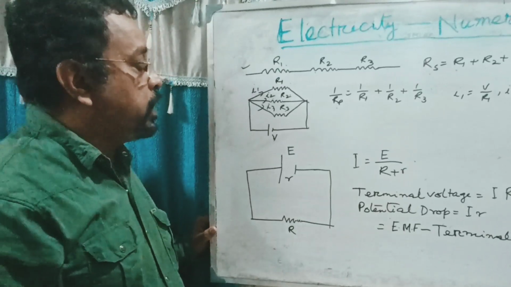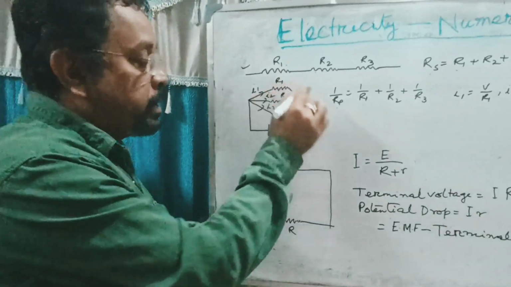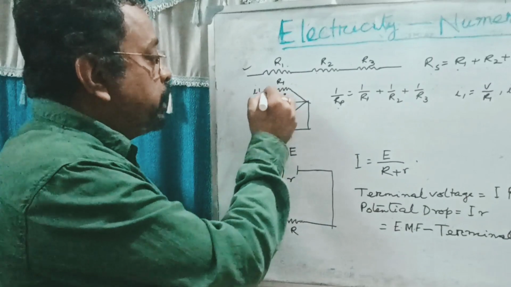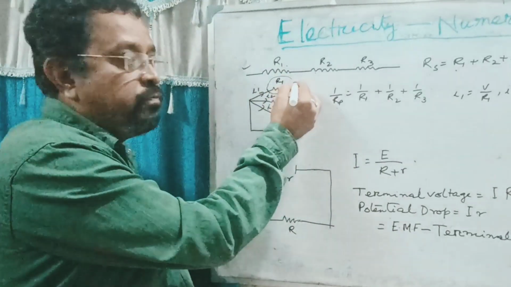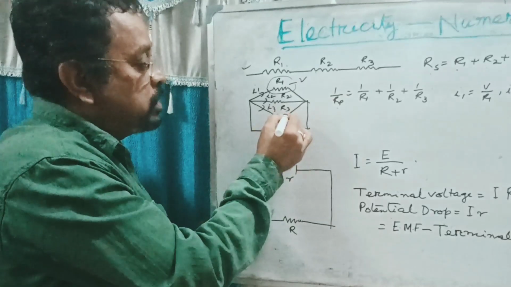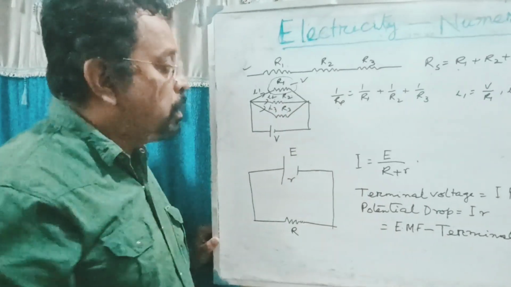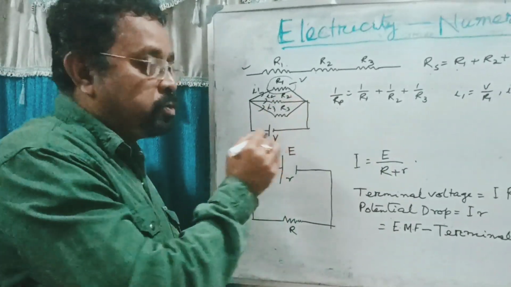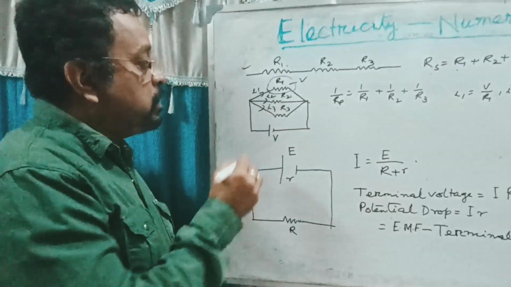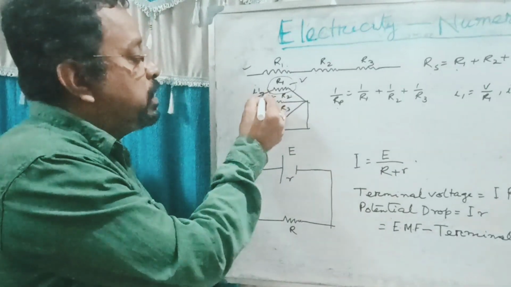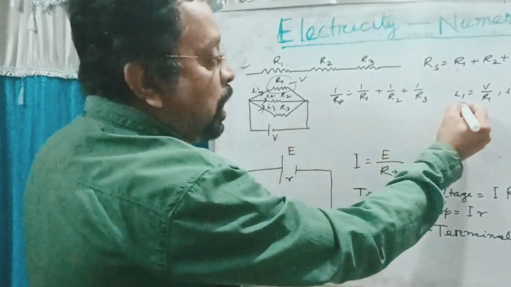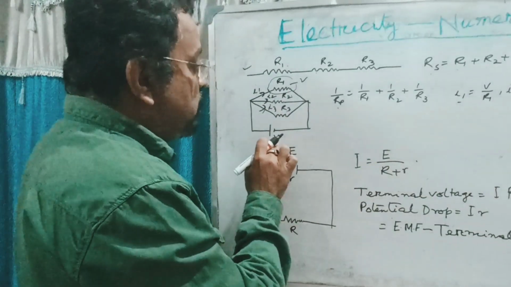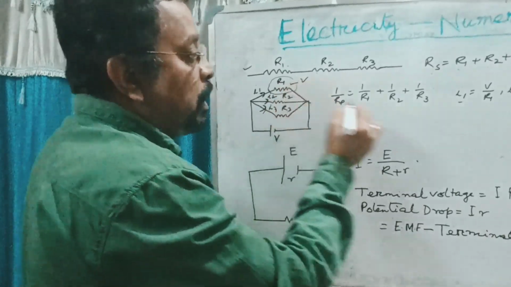Now students, you know that in case of the parallel connection, the potential across each resistor remains the same. So potential across R1 will be V. Potential across R3 will also be V. Potential across R2 will also be V. So if I think that the current here is I1, here is I2 and here is I3, then the current I1 will be equal to V divided by resistor R1.